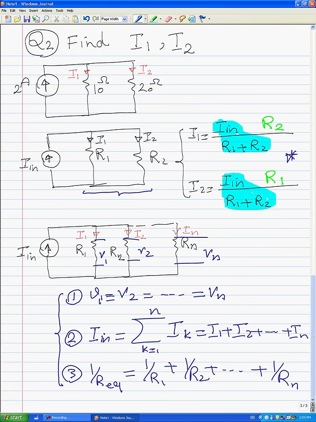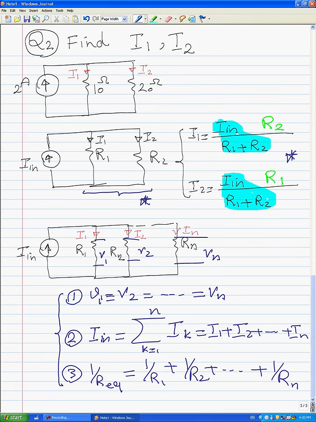I mean, if we have more than two resistors connected together in parallel, we should change the circuit to this circuit. And after that, we can use the divided current rule.